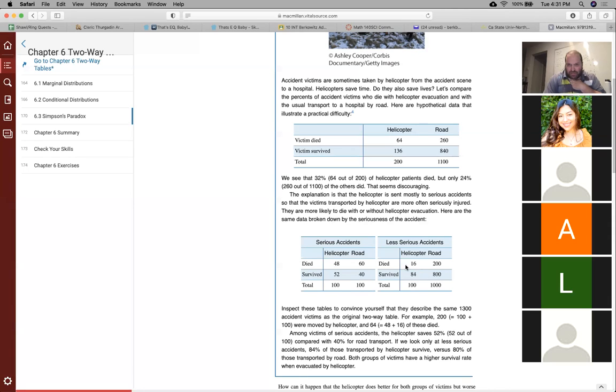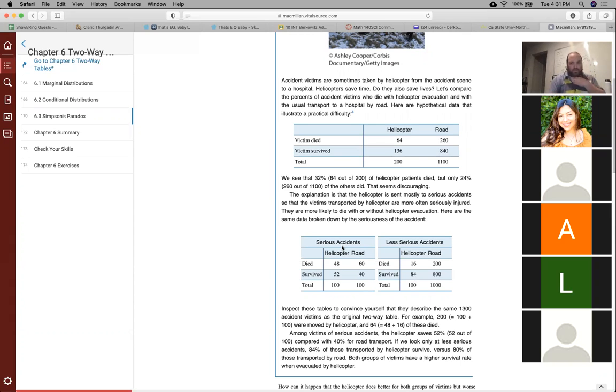So notice something very interesting. A higher percent survive for less serious accidents that went by helicopter, correct? Simpson's paradox is coming, Anthony. A higher percent survive that went by helicopter, right? And a higher percent survive that went by helicopter for the serious accidents, correct?